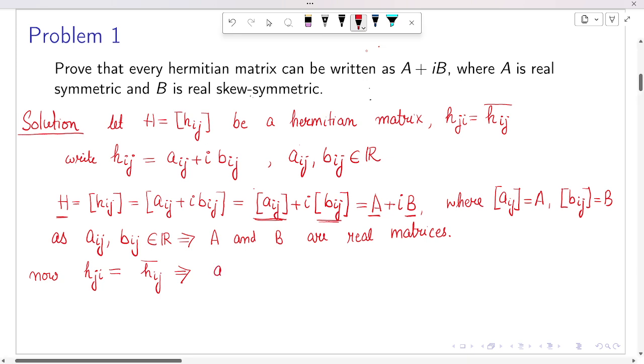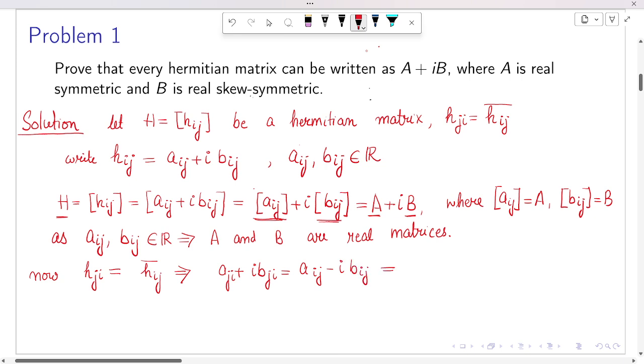We have Aij plus iota Bij is equal to, it was Aji and Bji, plus Aij minus iota Bij.